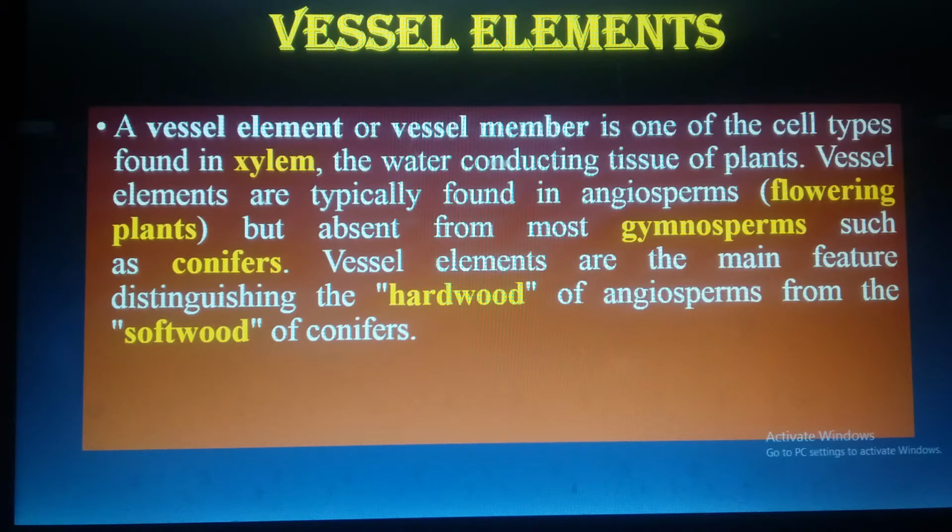Vessel elements are present in angiosperms, so that's why their wood is hard, but they are absent in the gymnosperm, so their wood is soft. Must keep it in your mind. This is very important. Maybe you have to solve a blank about that, or an MCQ related to the presence or absence of the vessel elements and the wood of the gymnosperms and angiosperms.